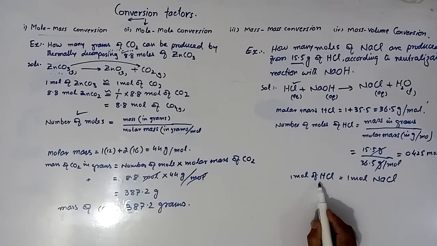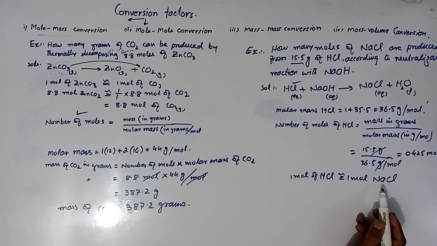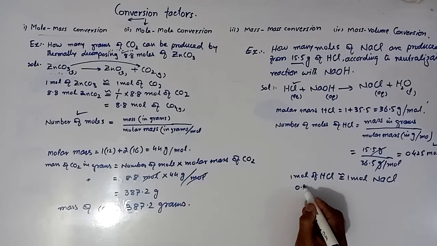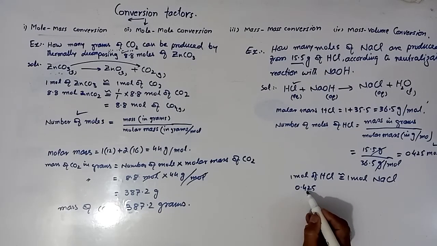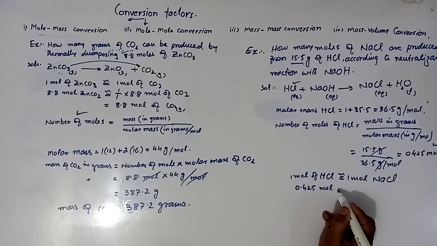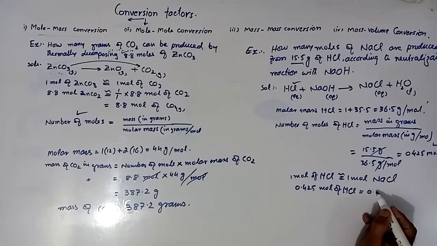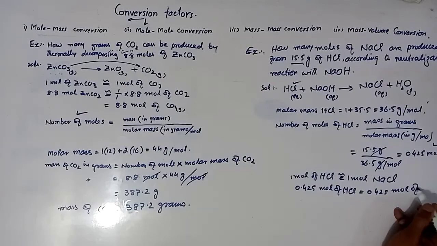So 0.425 moles of hydrochloric acid will give 0.425 moles of sodium chloride.